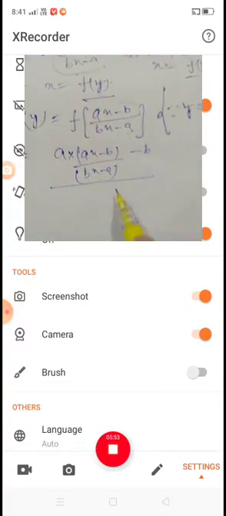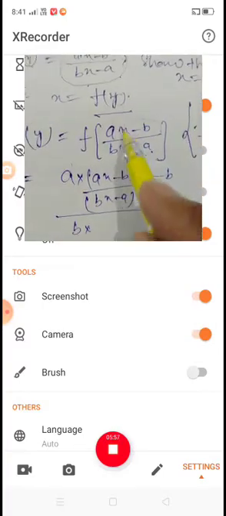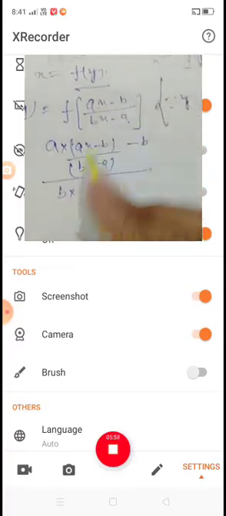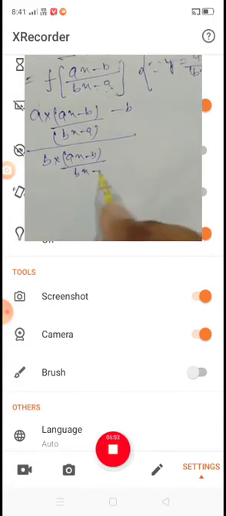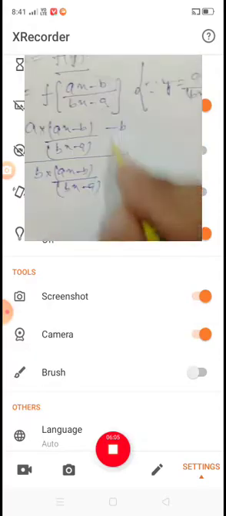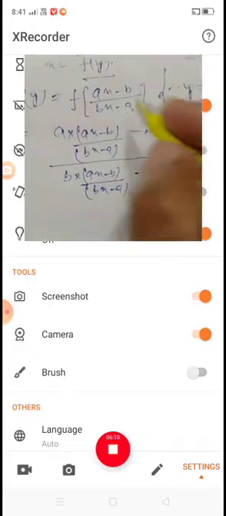And in the denominator, b into the value of x, if x is replaced by that, minus a. Now we solve this value.